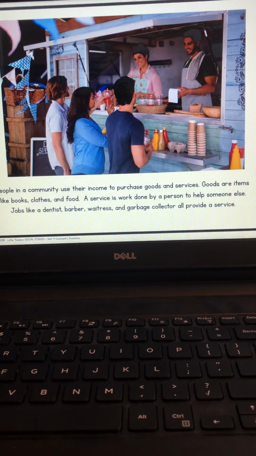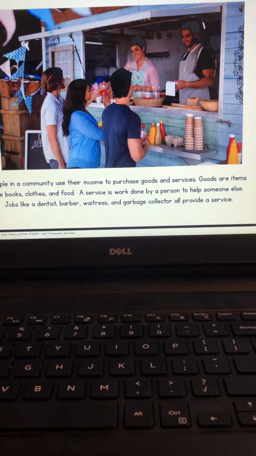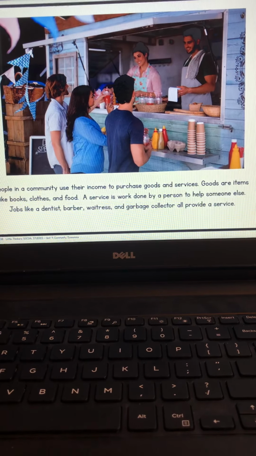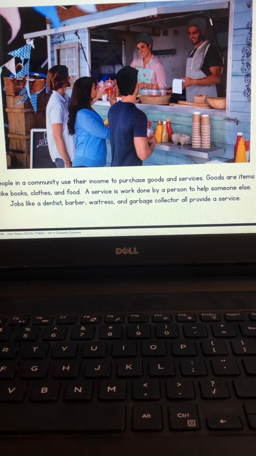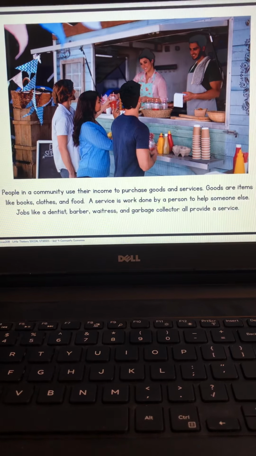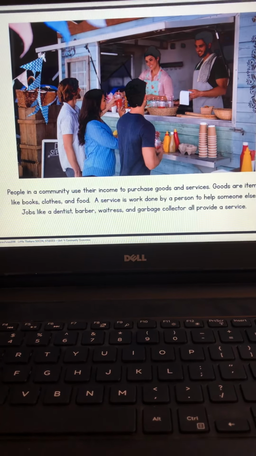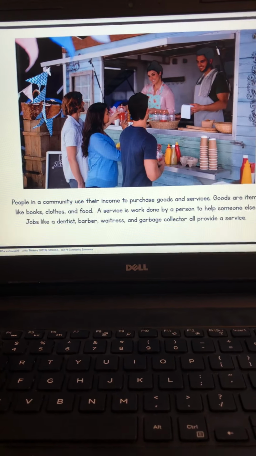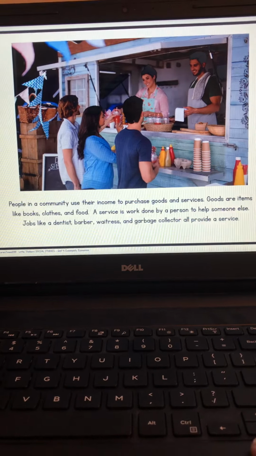They're all making money because they're doing something for someone else that person can't do themselves. So I'm not able to fix my own teeth if my teeth have a problem. That's why there's a dentist who can. So that's why you buy services for the most part, so that they can do something that you cannot do for yourself.